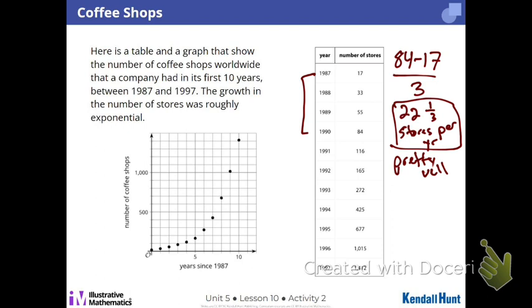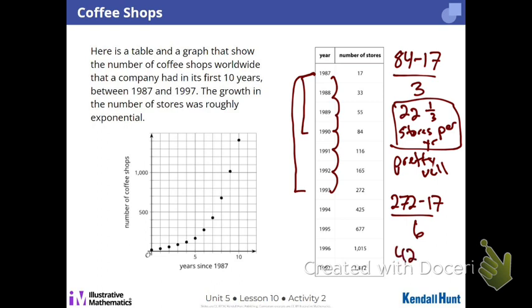All right, next up, it was 1987 till 93. So a larger interval. Let's see how it changed. 272 minus 17. Over an interval of how many years? 1, 2, 3, 4, 5, 6 years. So on average per year, 42 and a half stores per year.